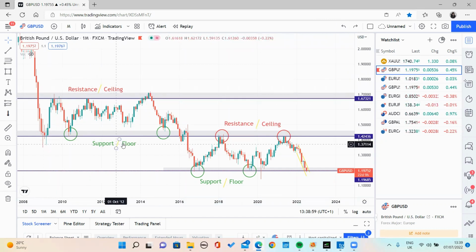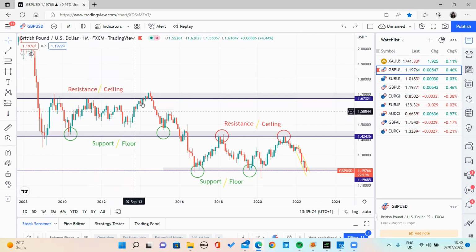Remember, we've got the support, that floor supporting price up. Price comes down, and then the buyers take control, creating the support level. Price moves up, but fails to go any higher, creating this level. This is already a support level, so it's making the support a little bit stronger right here. Then the sellers take over again, push price down.